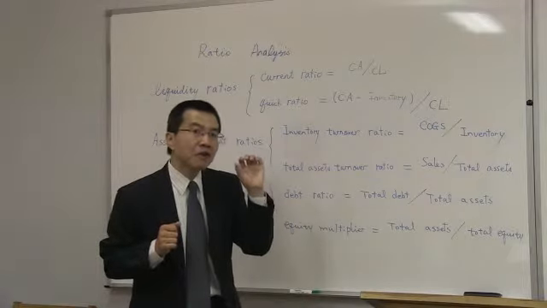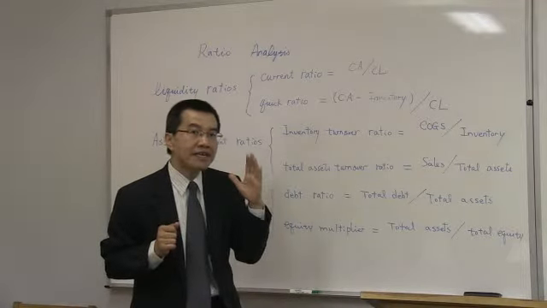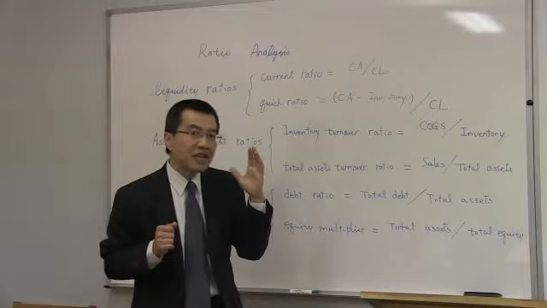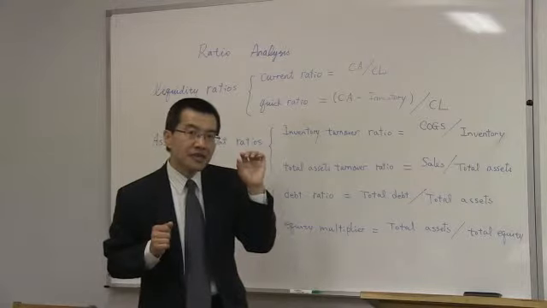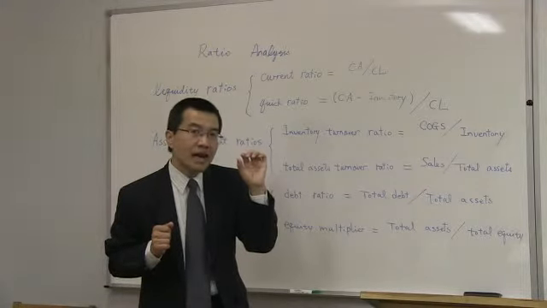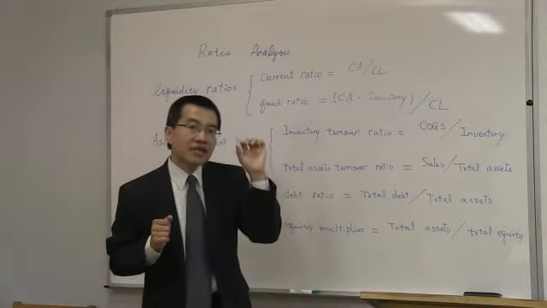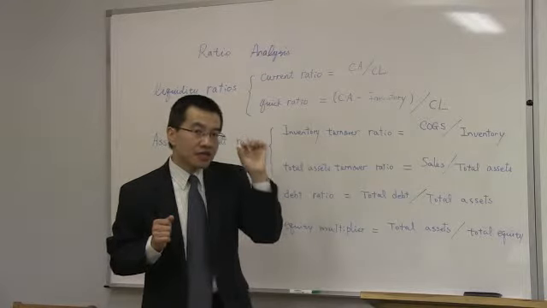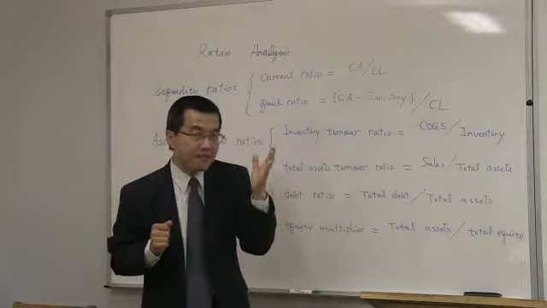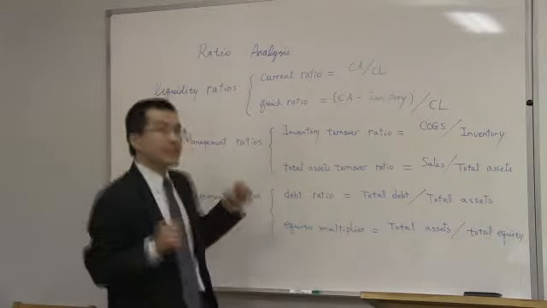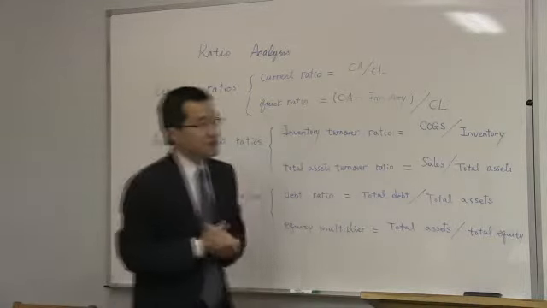If the company borrows more, then we say the company is highly financially leveraged, so the company may have higher financial risk. Financial risk indicates the likelihood that the creditors may put the company into bankruptcy. So that is for the debt management ratio.